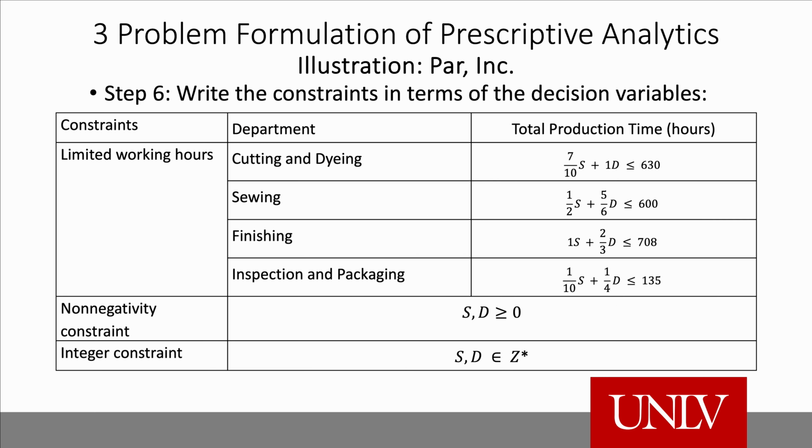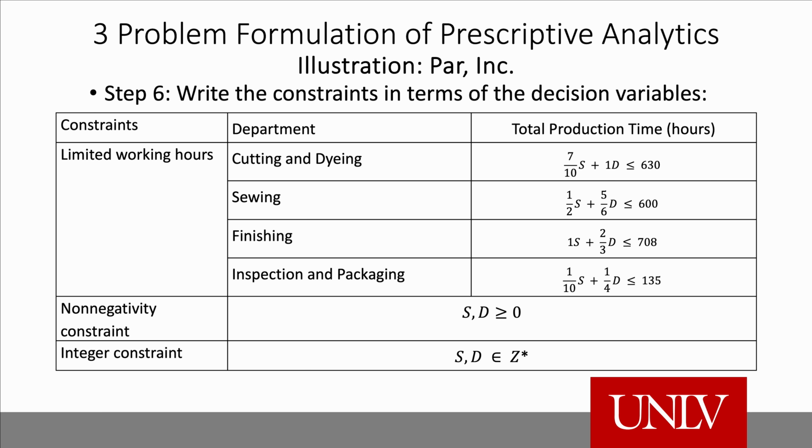And thus we can write the 6 steps like this. And then don't forget about the additional constraints that S and D should both be greater than or equal to 0, and S and D should both belong to the integers. And by completing these 6 steps, we've built a clear optimization model for Par.